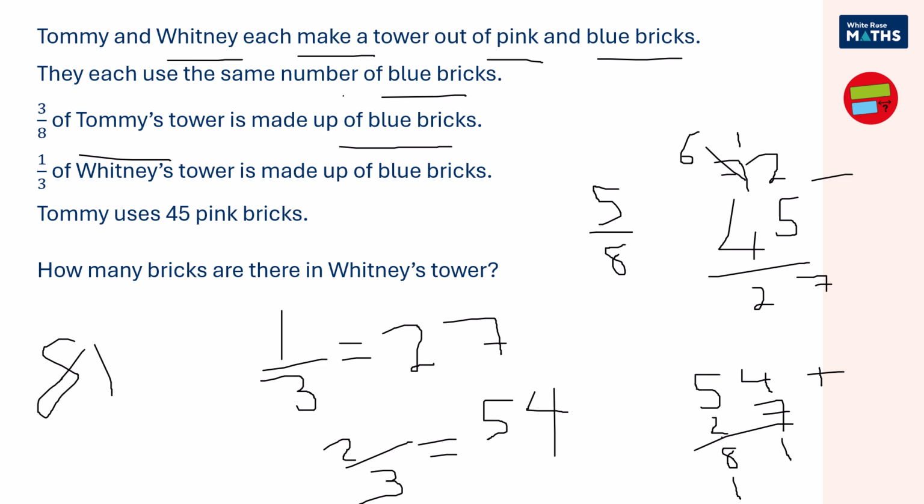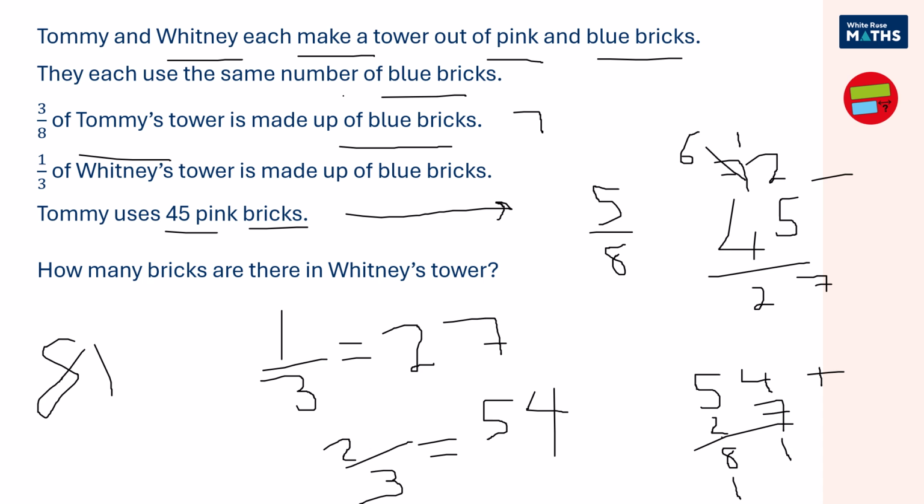So I first started off by saying that 5/8 of Tommy's tower is going to be pink bricks. So 45 is equal to 5/8. To work out 1/8, divided by 5, it's going to be 9. And 9 times 8 makes 72.